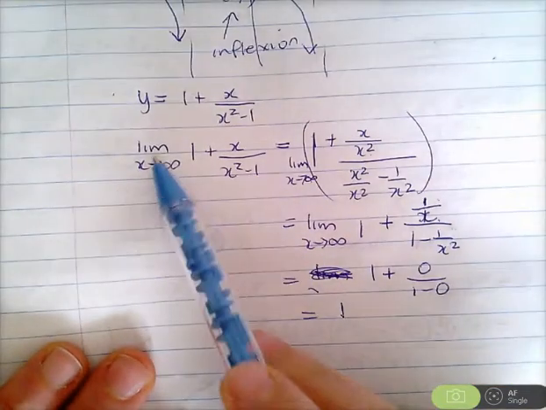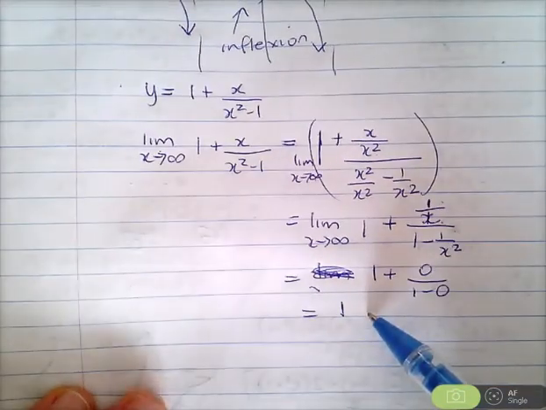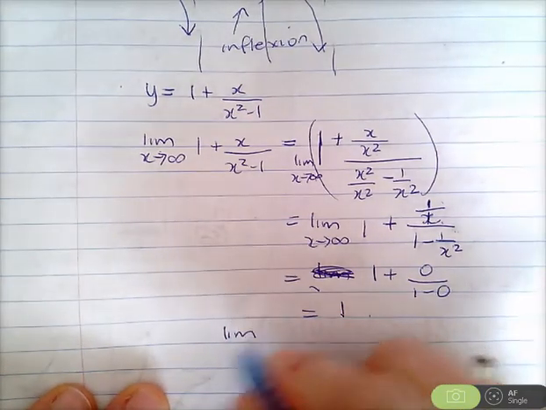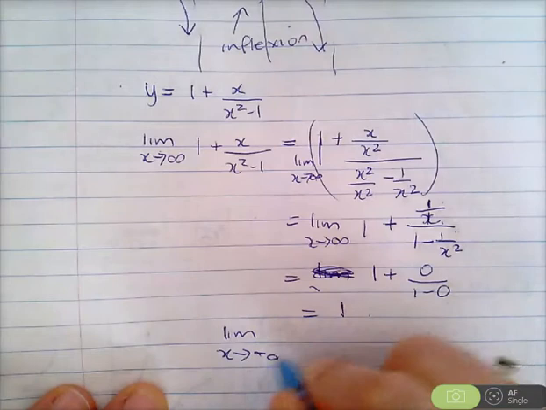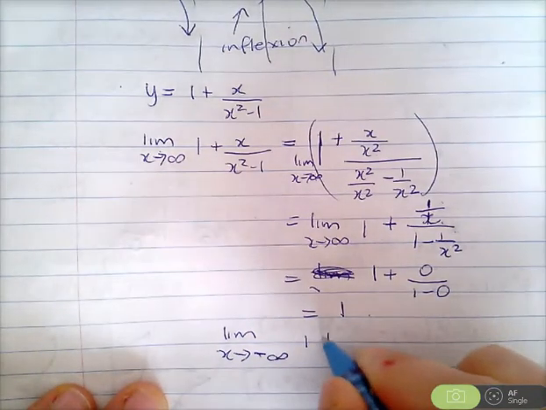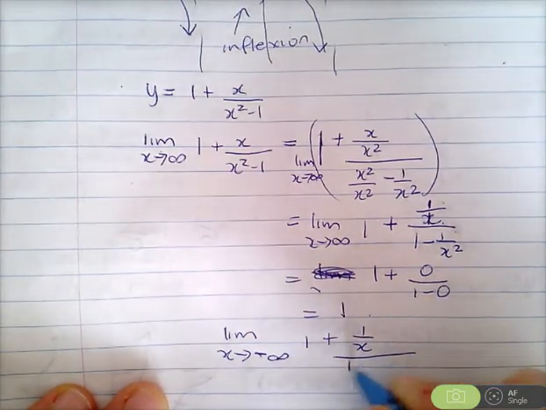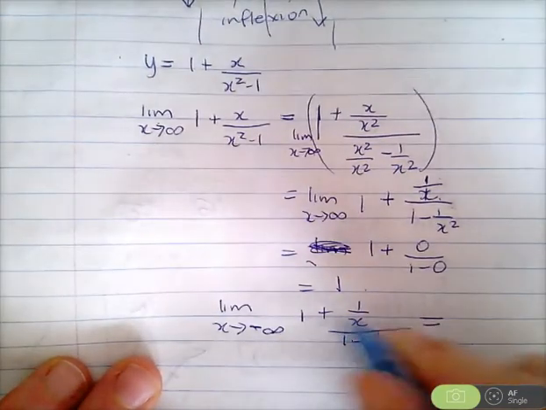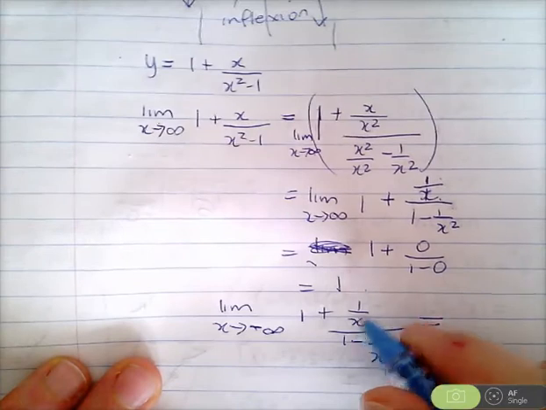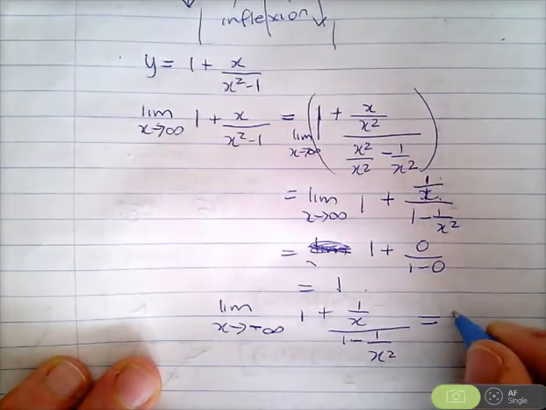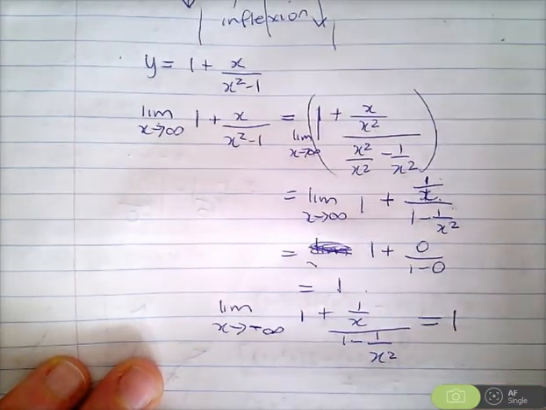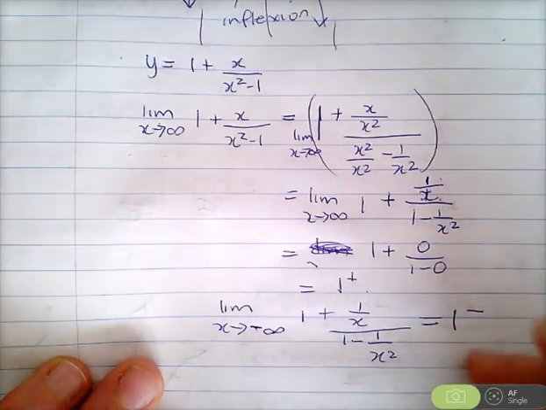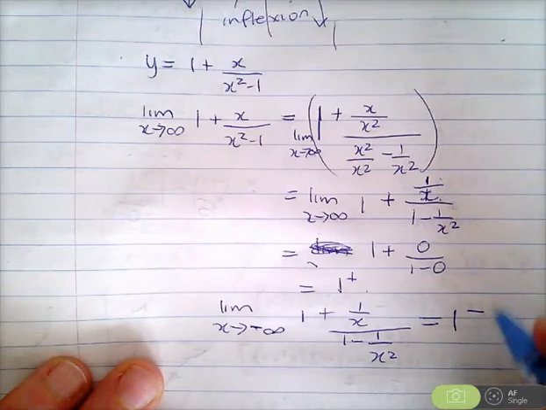So as x approaches positive infinity, this curve approaches 1, and similarly the limit as x approaches negative infinity of 1 plus 1 on x over 1 minus 1 on x squared is also 1. But here it's approaching from above, and here it's approaching from below 1.